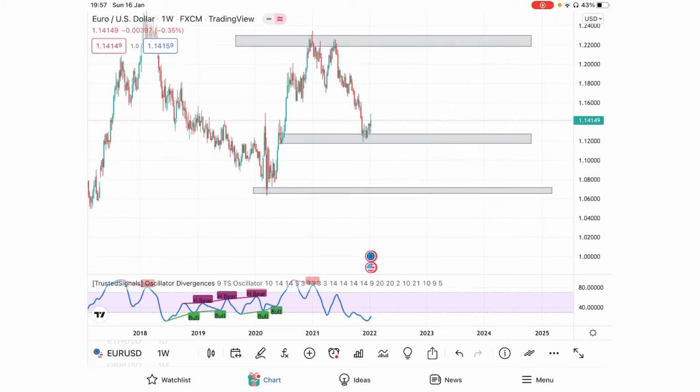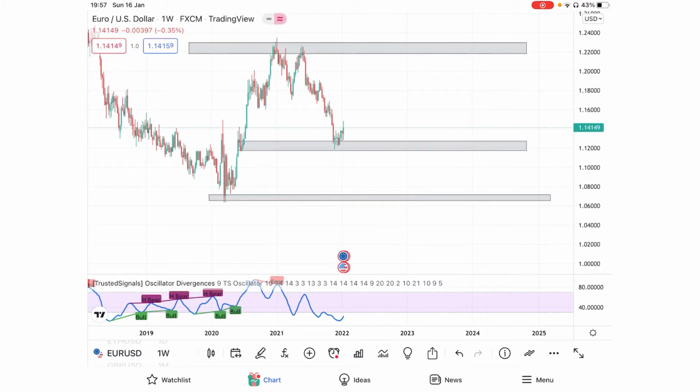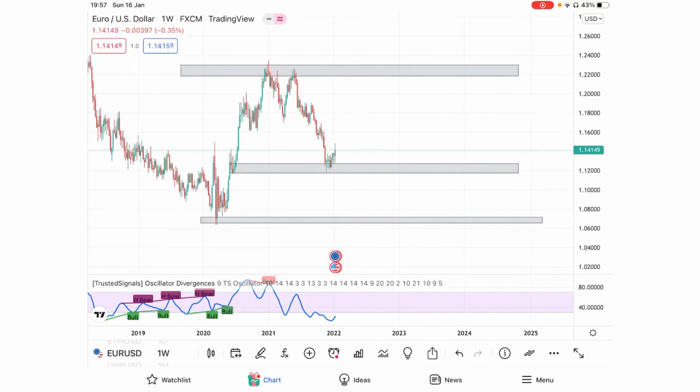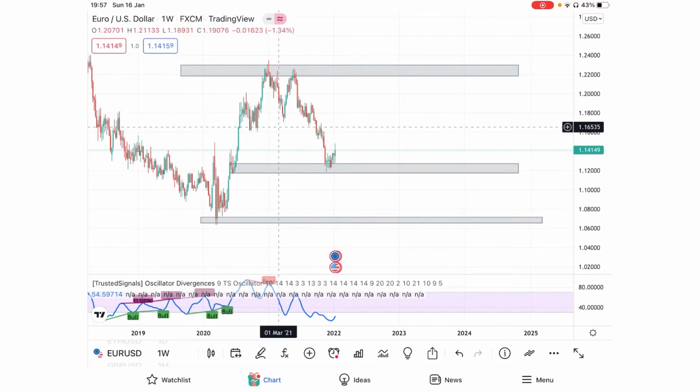After this, what I like to do is to draw the market structure. So we have a higher high here, a higher low, a lower high, and then boom, this is a lower low. So we are currently in a downtrend because we had a break of structure on the weekly right here.